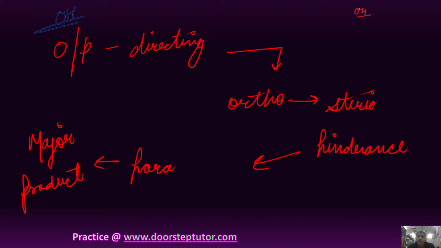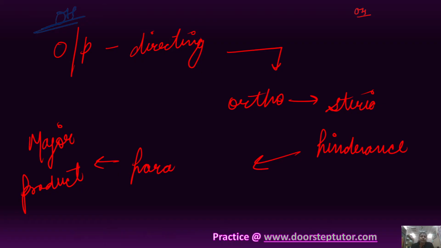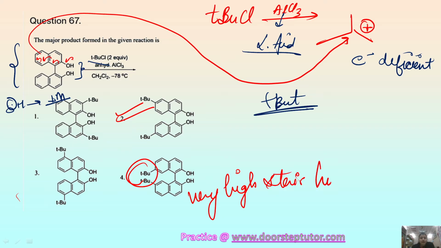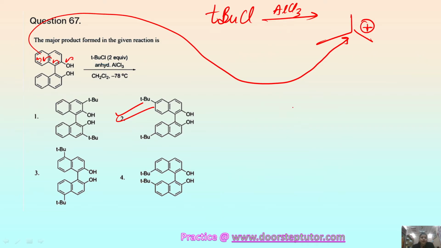OH is also a directing group, but if we get the ortho substitution, then a very huge steric hindrance comes in the product. But if we do the substitution only on the para position, then we'll get the major product because of the less steric hindrance. If there are tert-butyl groups on the ortho positions like in this particular compound, there is very high steric hindrance, so we can't go for this reaction.